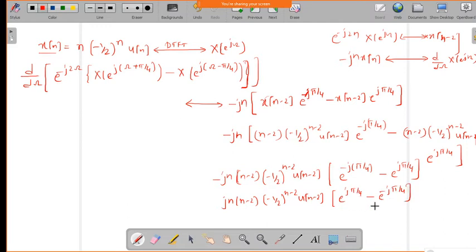Now you can express this in terms of the cos signal which is given.